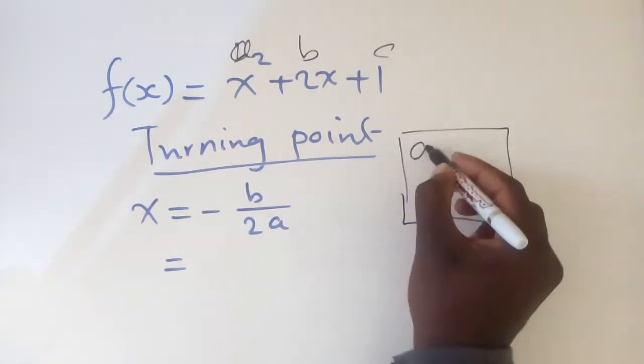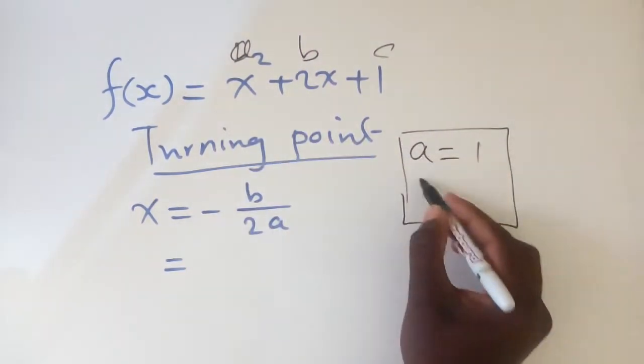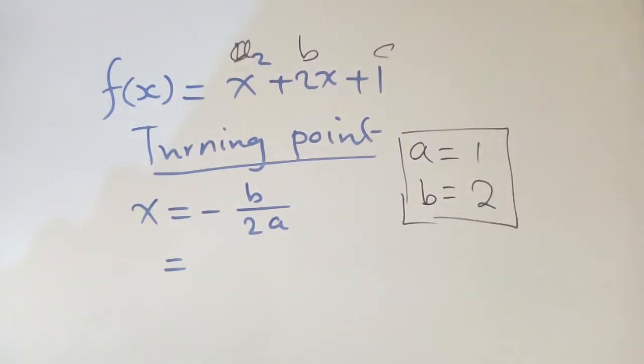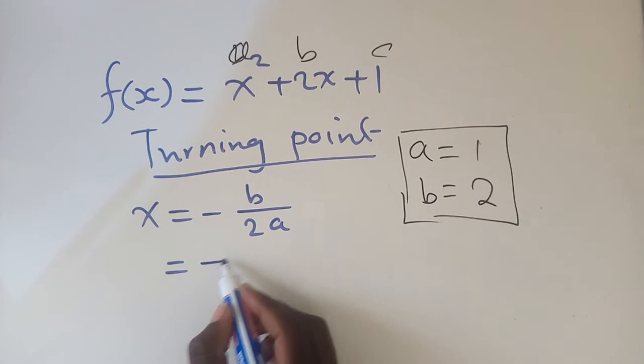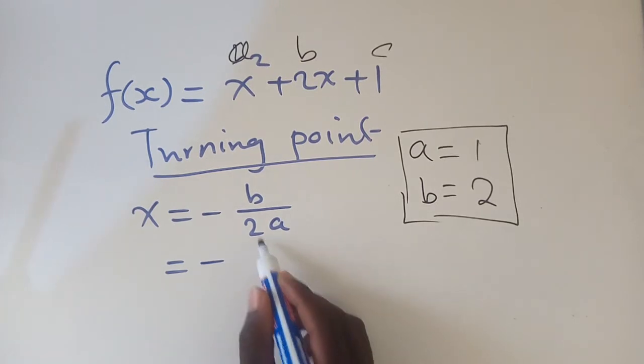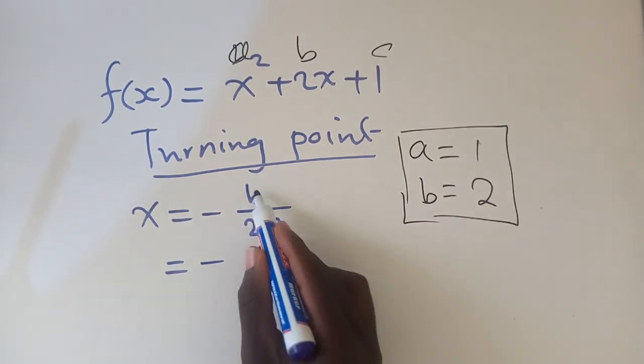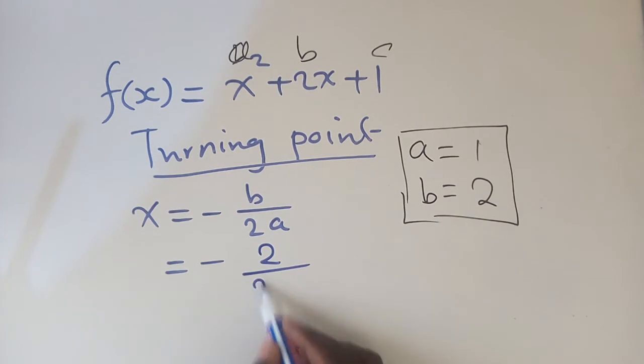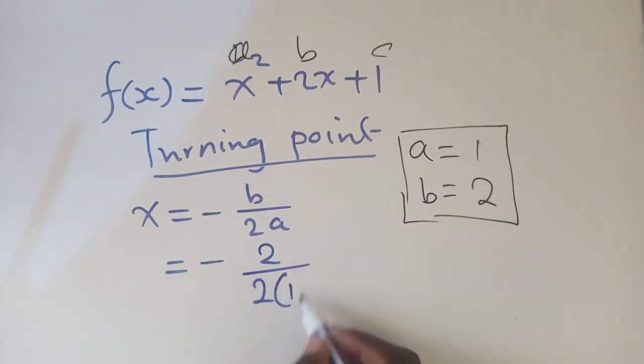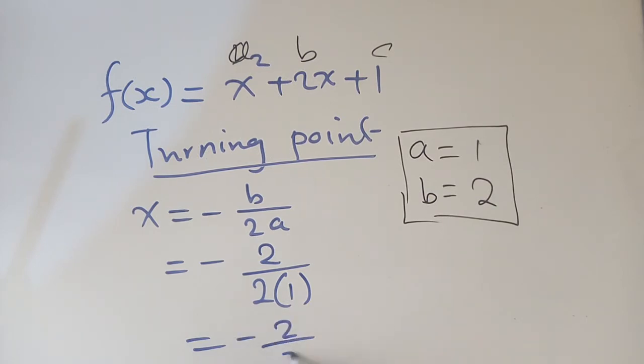We need A, which is equal to 1 here, and B, which is equal to 2. Once we get these values, we can plug them in: 2 where B is, over 2 times 1 where A is, and we solve. Once we solve, we get -1. So the x value at the turning point is -1.